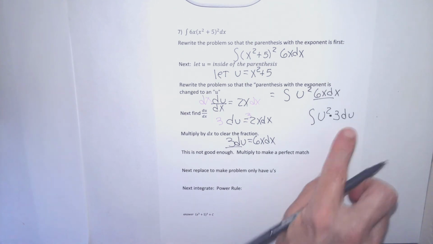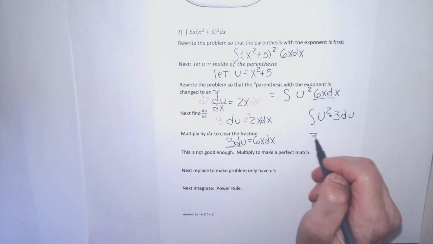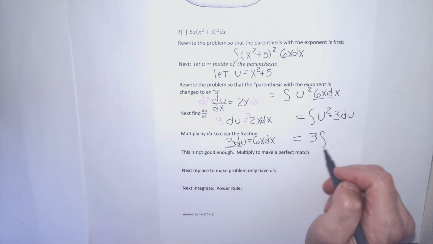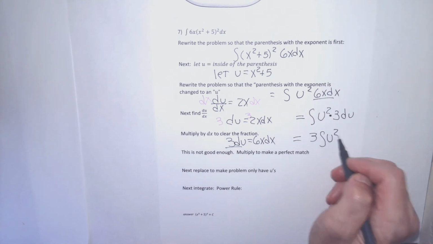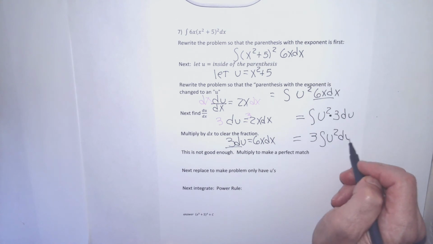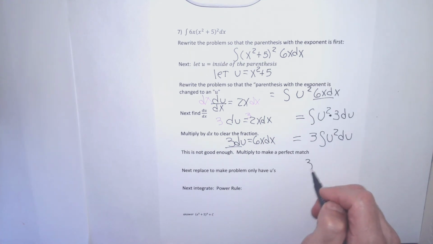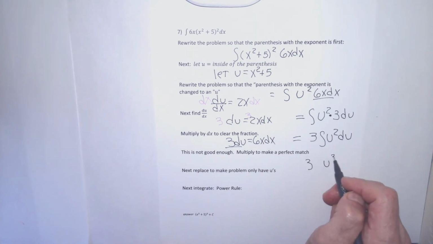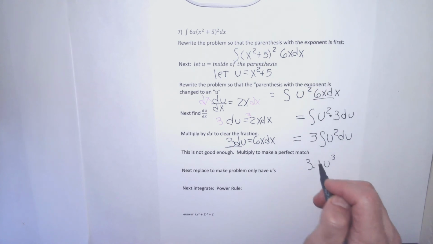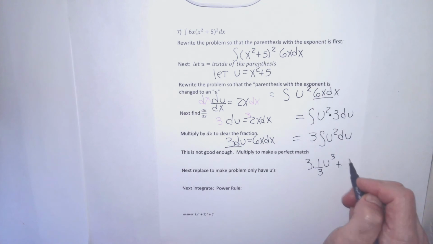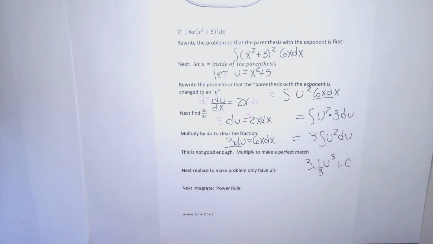Now I integrate. I pass the 3 out front. I should always write equals if the line equals the line above it, but I get lazy and don't always do that. So I pass the 3 through, and now I'm going to use the power rule. Adding 1 to the exponent is going to make a new exponent of 3. I'm going to multiply by 1/3, and because this is an indefinite integral, I tack on the plus c.